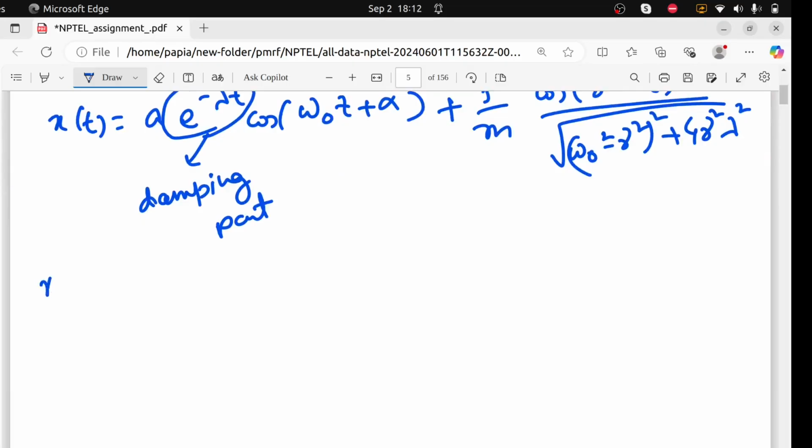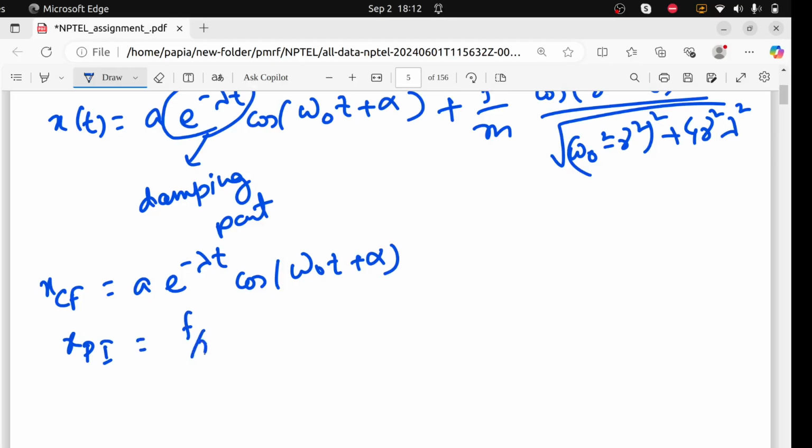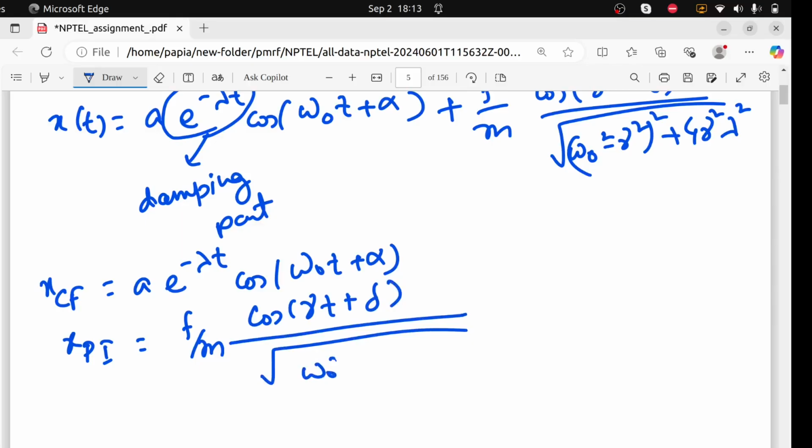So now you can see here x_CF, the complementary function, is e to the power minus lambda t cos(omega_0 t plus alpha), and x_PI is important here. x_PI is F by m, then cos(gamma t plus delta), divided by root over (omega_0 square minus gamma square) whole square plus 4 gamma square lambda square.